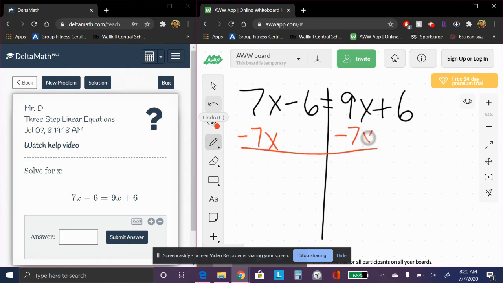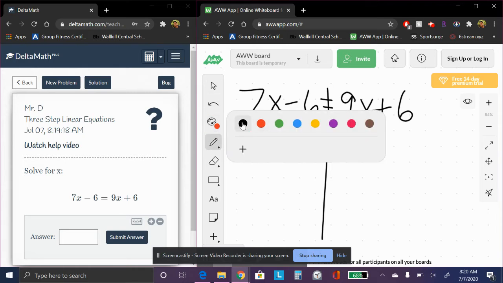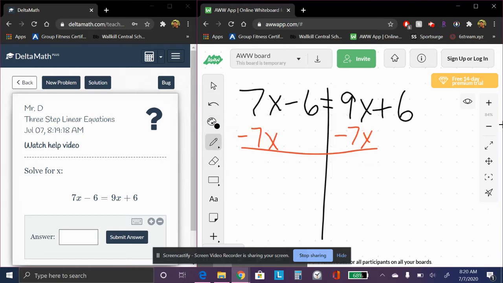Minus 7x from both sides. And I'm left with, careful, negative 6 on this one, equals 2x, since 9x minus 7x is 2x, plus 6.